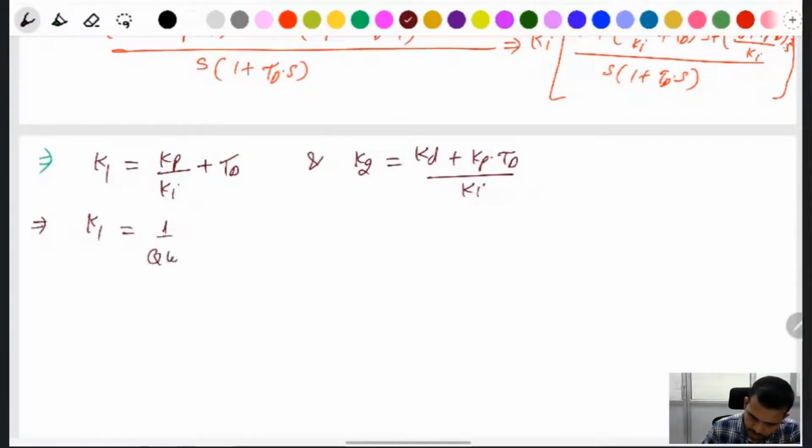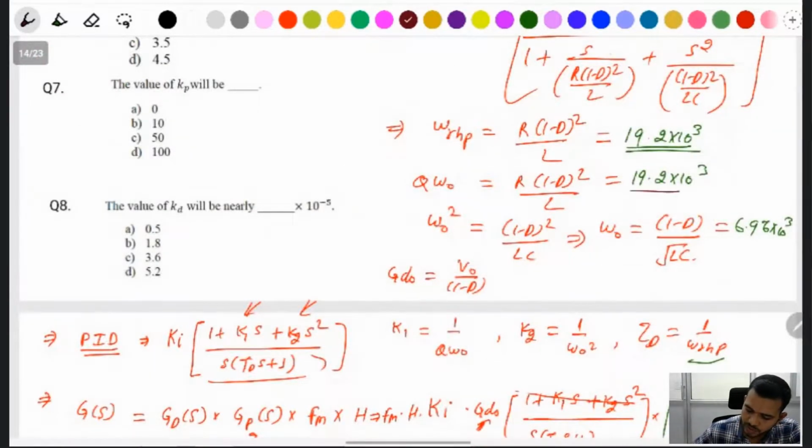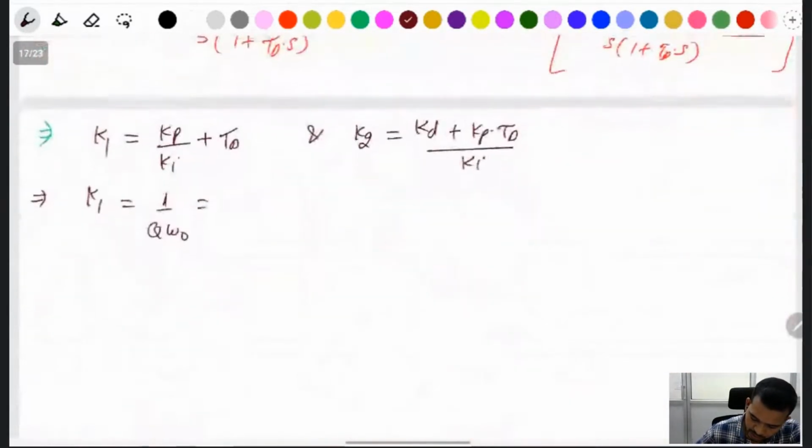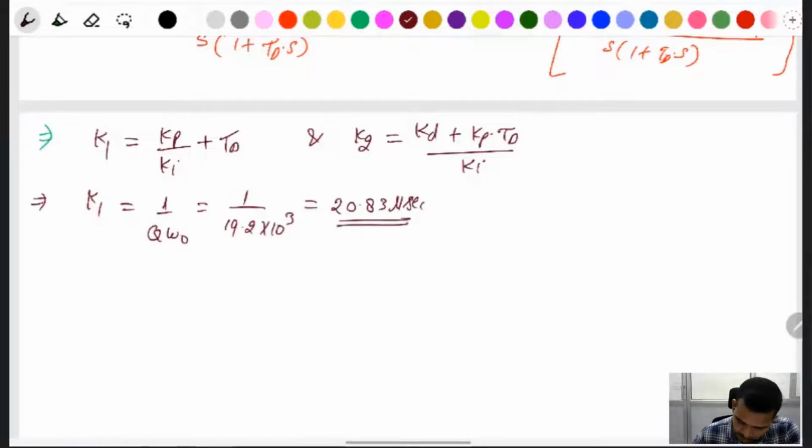And we can also find K1 is equal to 1 upon Q omega naught, and this Q omega naught is 19.2 into 10 to the power 3. Then we find 20.83 microsecond.